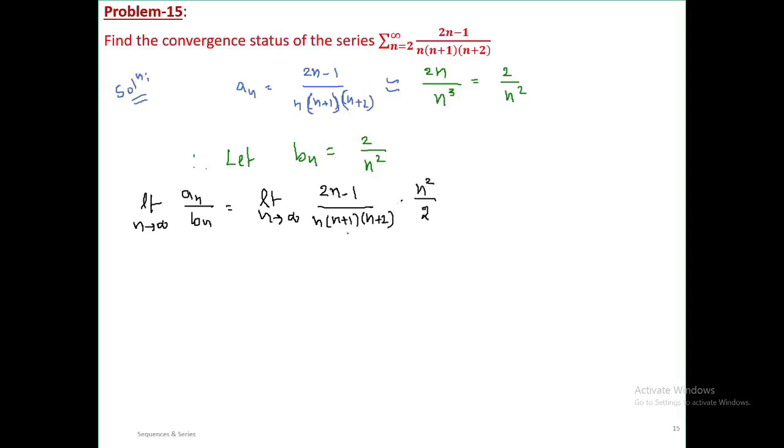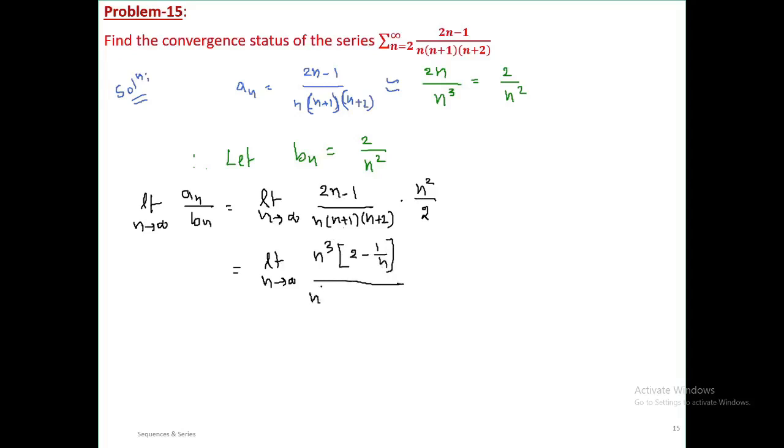Okay, so now simplify this. As n becomes large, in the numerator I take n cube out completely, so inside we have 2 minus 1 by n. Here I take one n out, and n square is already out, so total n cube, divided by the denominator n cube.